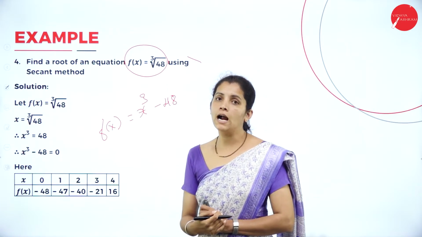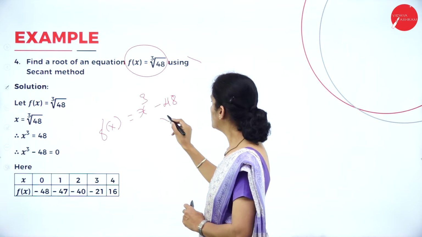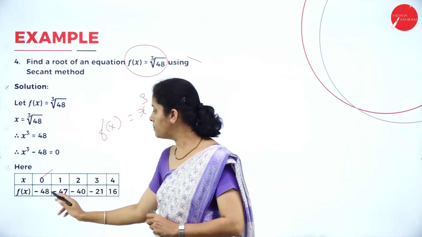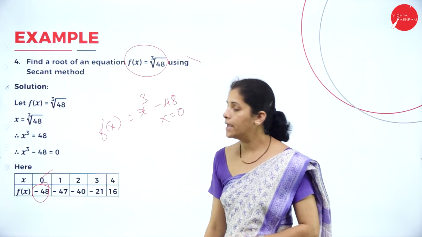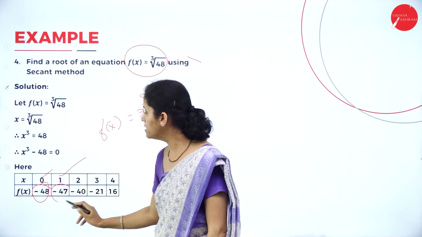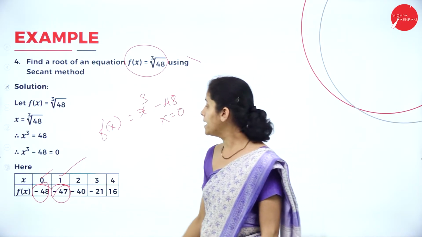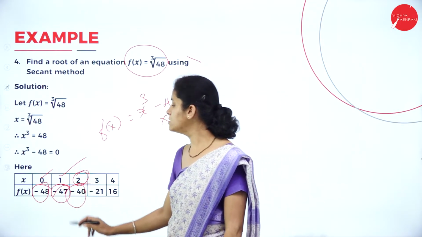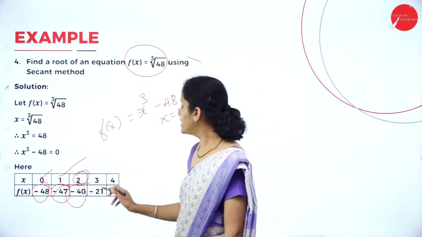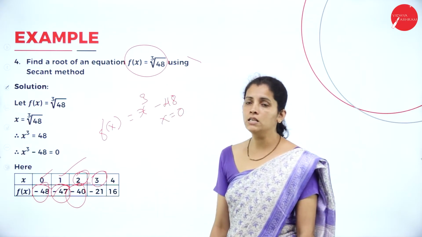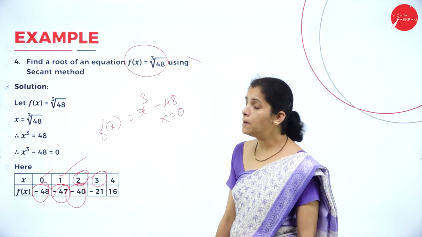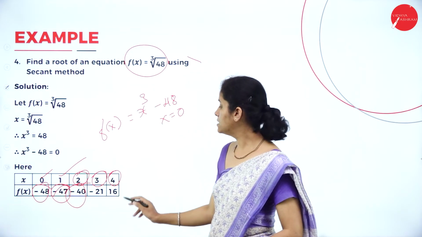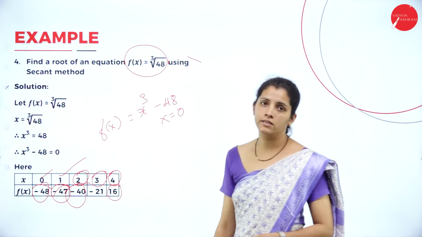Now I'm going to start substituting x values. So x naught equal to 0, I got minus 48. When x equal to 1, I got minus 47. When x is 2, then I got minus 40. When x is 3, I got minus 21. And when x is 4, I got the answer 16.